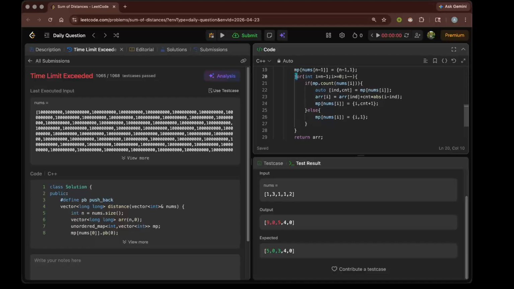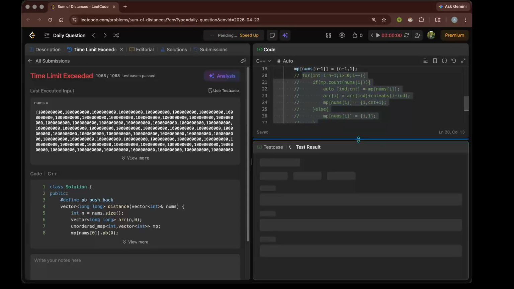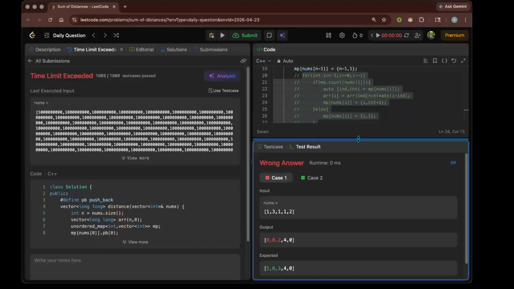Let's see. 2, 4, 0. So in backward, what should you do? Whatever array it has stored, it should remain the same. We'll see whether we found it or not. Obviously, we can't find it, so it will be 4 only.